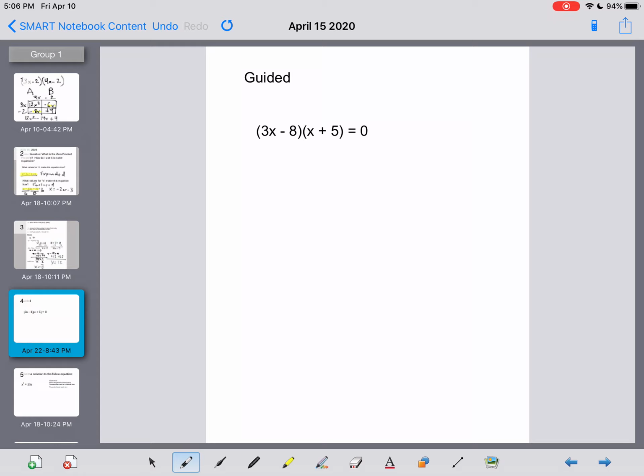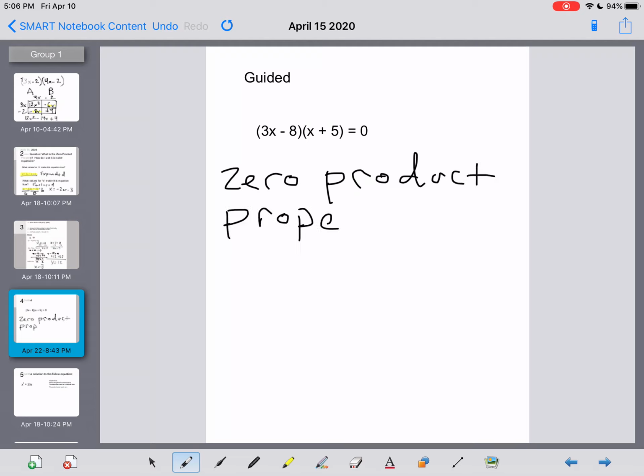So before we get into this last one, guys, remember a couple things I want to point out. In order for you to use, remember, this is called the zero product property. And to tell you the truth, you might hear me call it ZPP because that tends to stick with students.